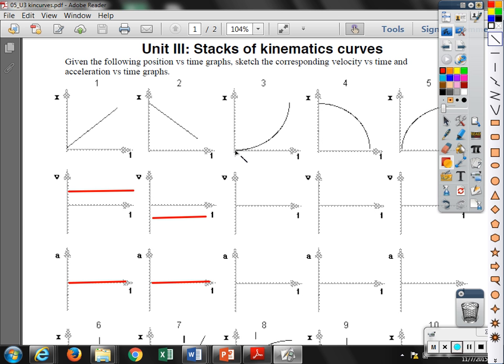So if we take a look at the tangent lines, and I'll use the blue color to indicate the tangent lines, the tangent lines start off flat and begin to get steeper as it goes up the curve. So that indicates that the speed is increasing.